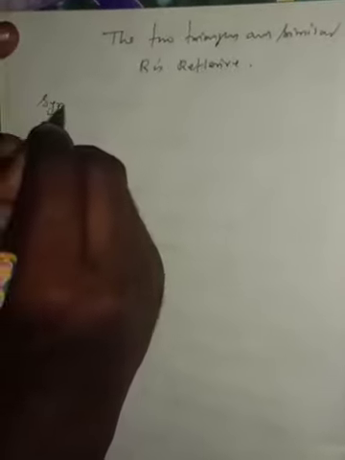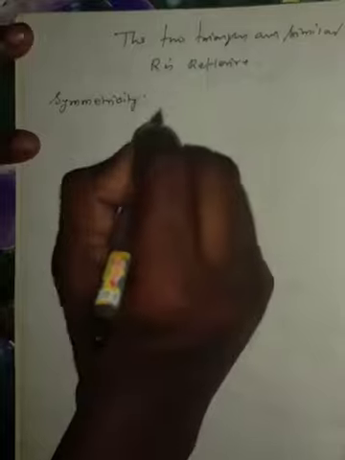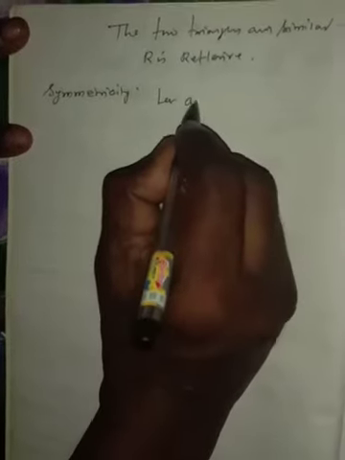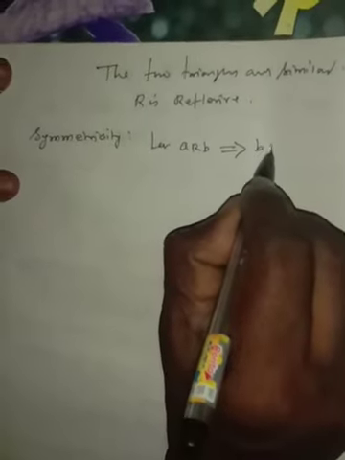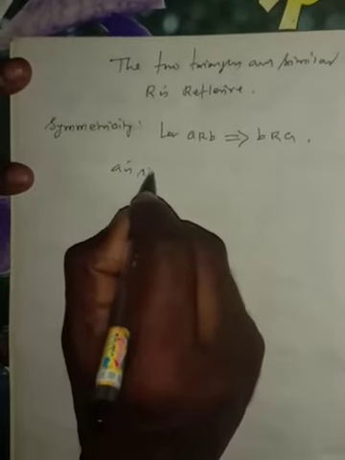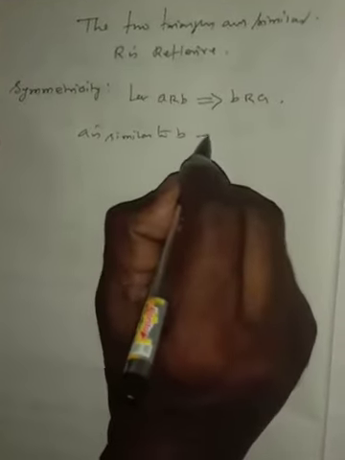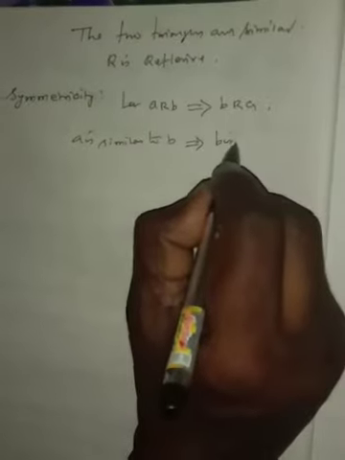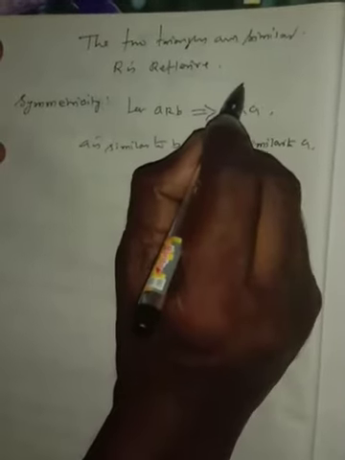Next, symmetry. Let A relation B implies B relation A. This means A is similar to B implies B is similar to A. Take two triangles.